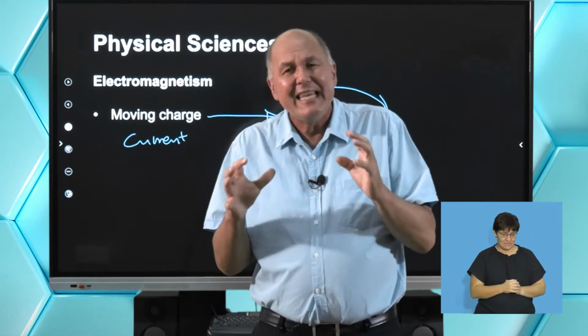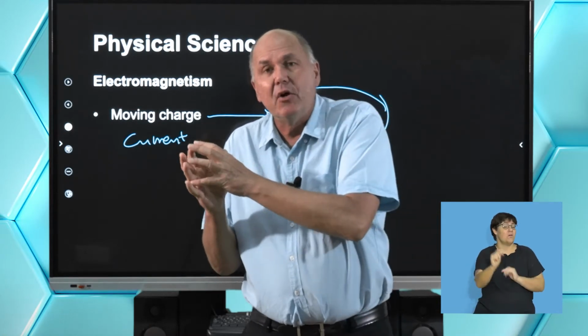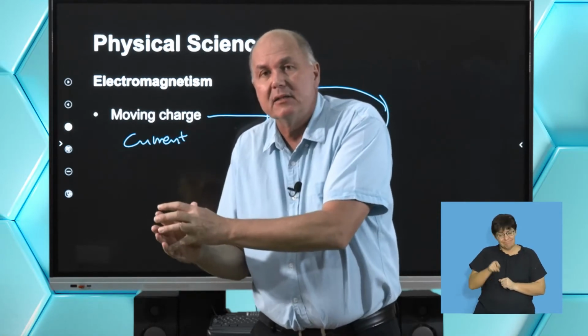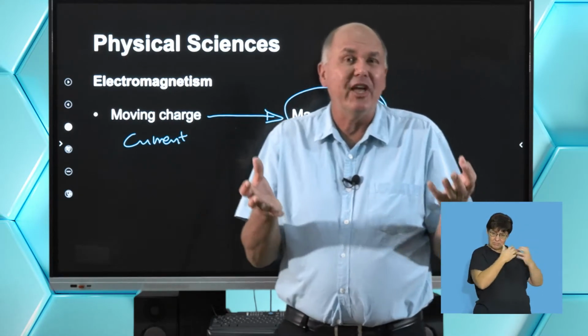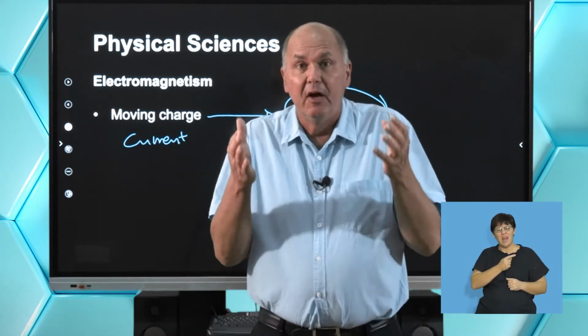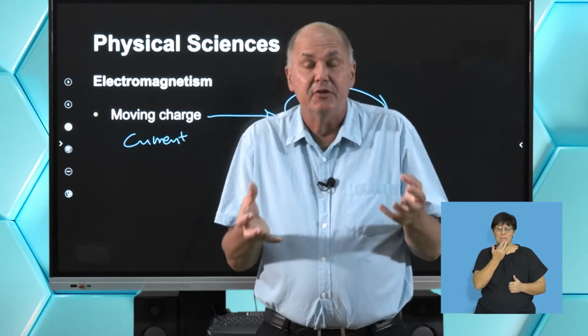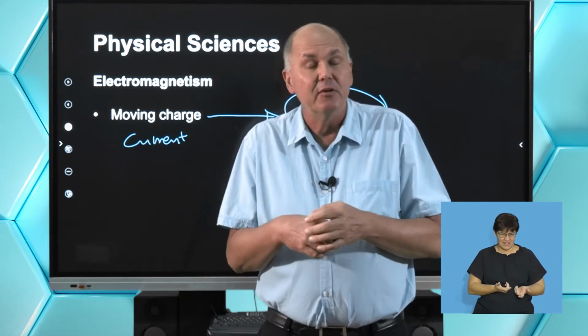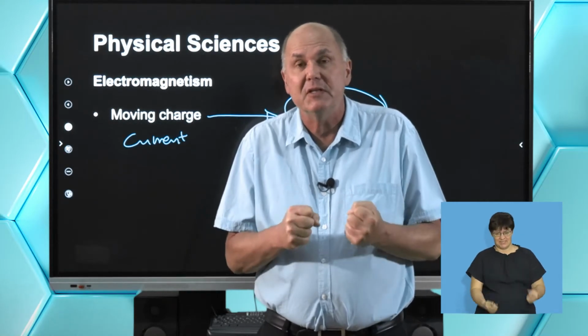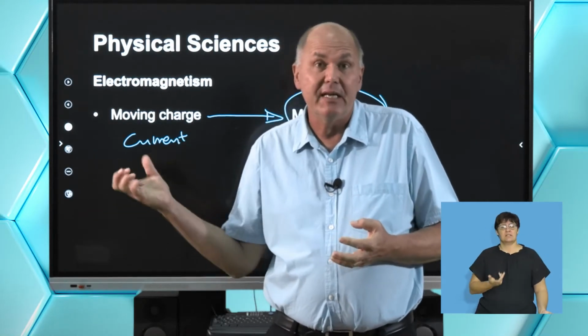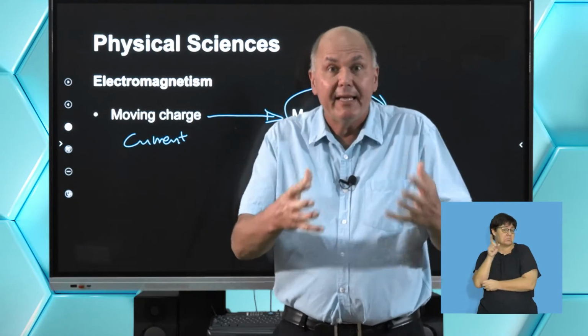But the key idea was, is there a way to use magnets to create electricity? Because at this stage, they only had very primitive cells, batteries, electrochemical cells, and they weren't very reliable. So people wanted to have electricity, and the idea was, let's use magnets to make electricity.